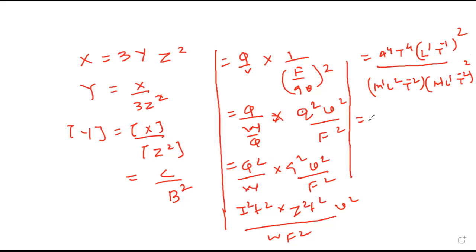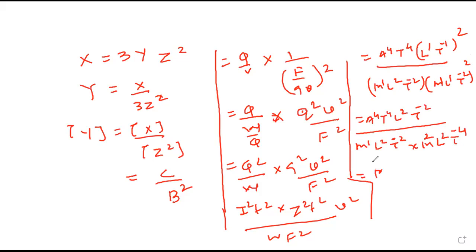So we get A4 T4 L2 T minus 2 upon M1 L2 T minus 2 into M power 2 L power 2 T power minus 4, M raised to minus 3. Now L2 L2 cancel, this 2 goes up, L raised to minus 2. 4 and 2, 6.